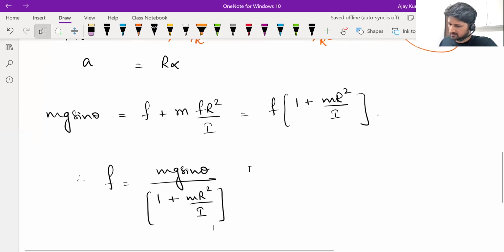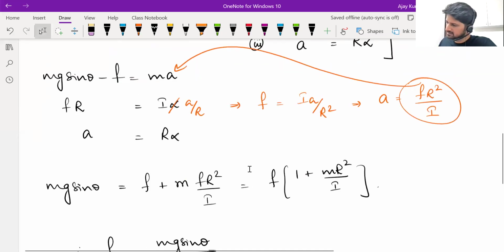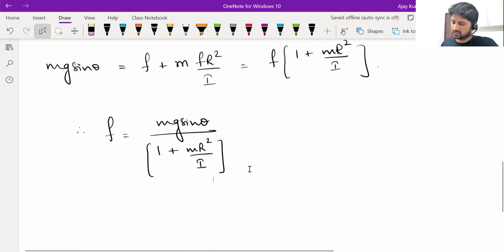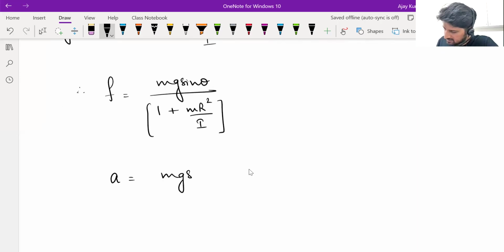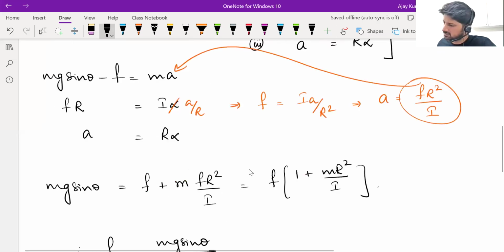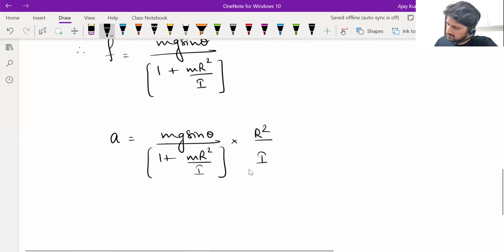And once you know friction, see, acceleration is Fr square divided by I. You can derive acceleration also from this. You will get acceleration is equal to F, which is mg sin theta divided by all this, into R square by I, because a was equal to Fr square by I. So send the I inside and R square to the denominator.